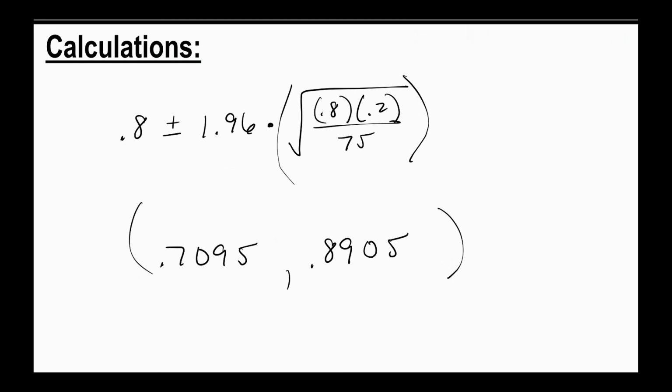That's my confidence interval there. This is a proportions question, so it represents a proportion or a percent. So it's from about 71% to about 89%. So there's about a 20% interval here, pretty wide.